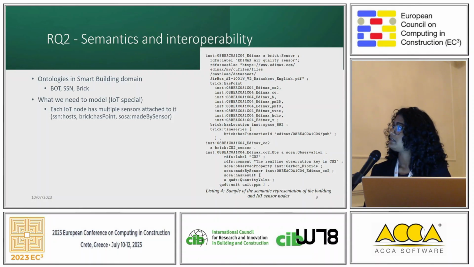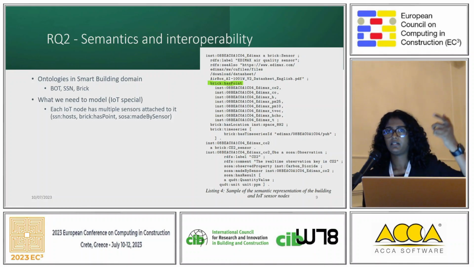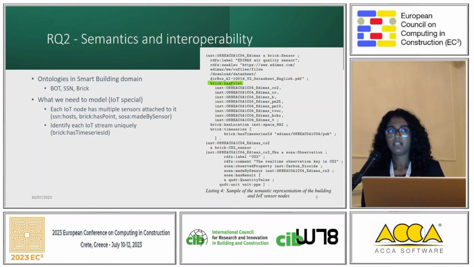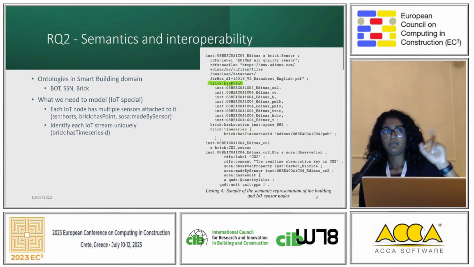And there are several candidates: SSN's hosts, Brick's hasPoint, or SOSA's madeBySensor. We can use them. In this case, I'm going with Brick's hasPoint. So there's a particular sensor or equipment and it has 8 points. And the second one is we need to identify each IoT stream uniquely. That's why we included the MQTT topic in the payload in the previous stage.